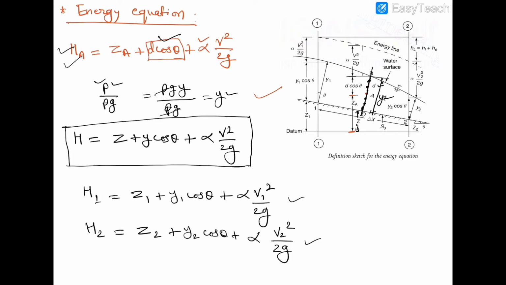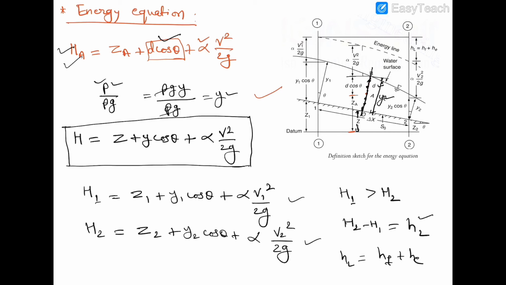Here H1 will be greater than H2, and H1 minus H2 is equal to the loss of energy head. Usually this loss of energy head is due to loss of head due to friction, and loss of head due to formation of eddies. Clear?